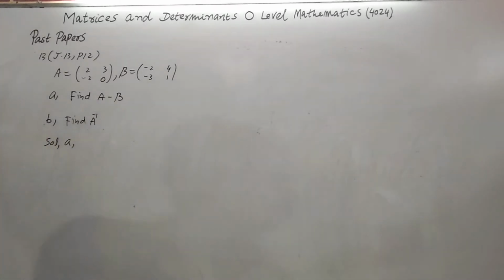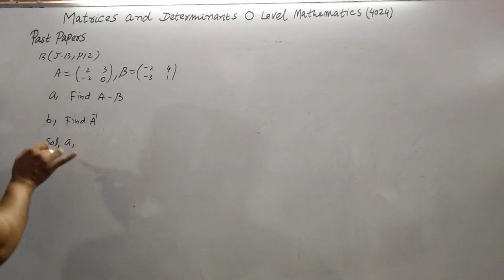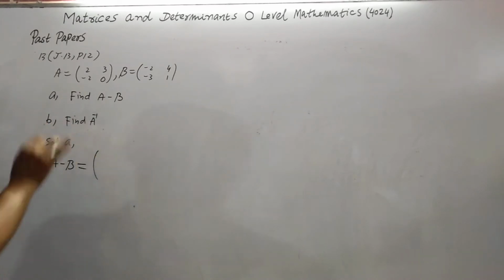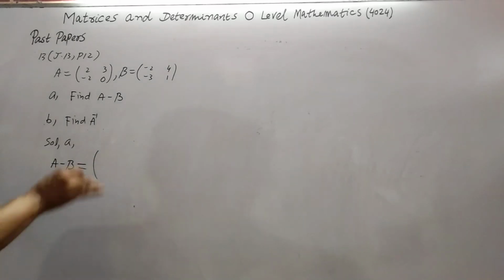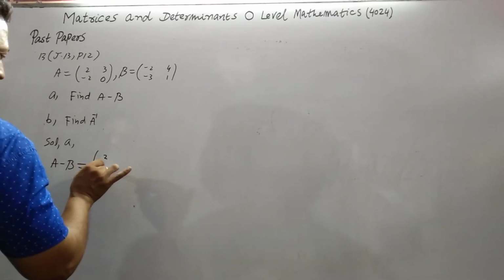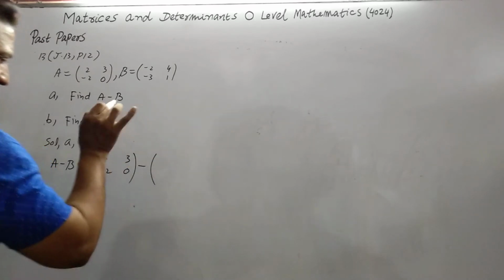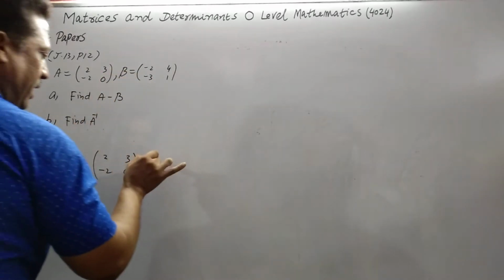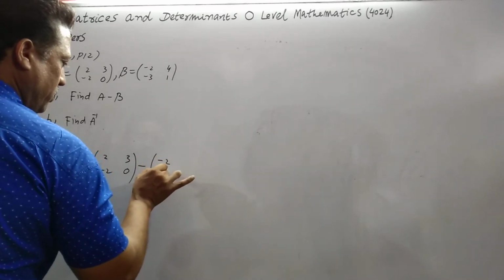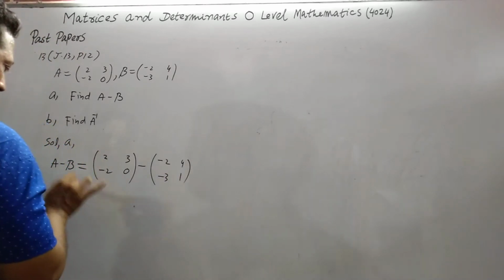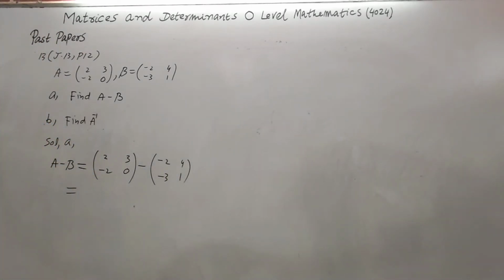Solution. In part A we find A minus B. What is A? 2, minus 2, 3, 0, minus B, which is minus 2, minus 3, 4, 1. Subtraction of two matrices means subtract corresponding elements of the matrix.